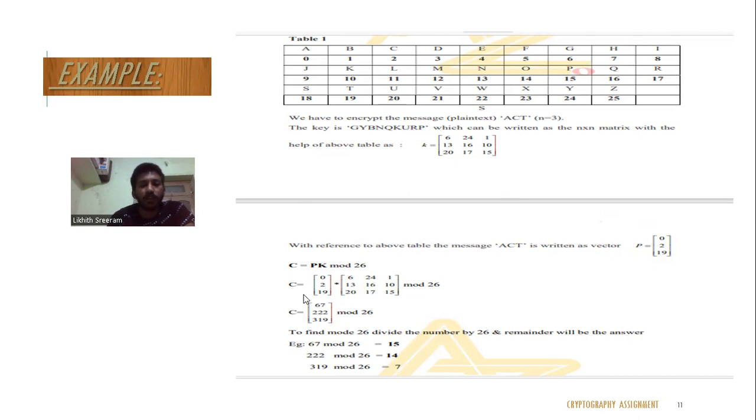By doing all the operations, we get the ciphertext C as 67, 222, 319 mod 26. By applying the modulus of 26, we find 15, 14, and 7 in a column matrix. If we see the row matrix, it is 15, 14, 7 as a row vector.